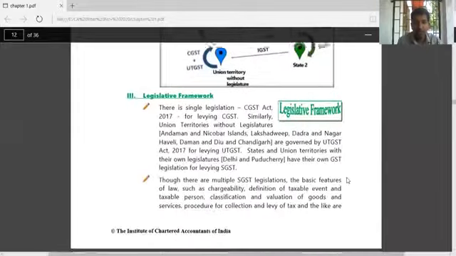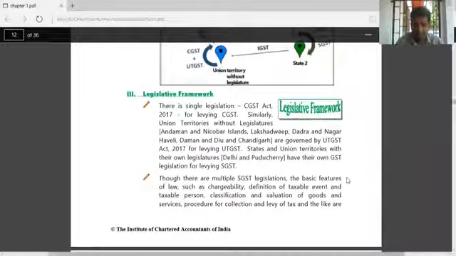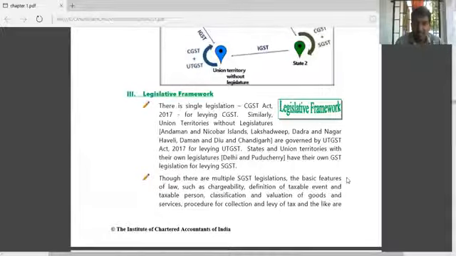Now the third point is the legislative framework. So from here we have to continue. There is a single legislation, the CGST Act, for levying CGST. Similarly, there are union territories without legislature: Andaman and Nicobar, Lakshadweep, Dadra and Nagar Haveli, Daman and Diu, Chandigarh.